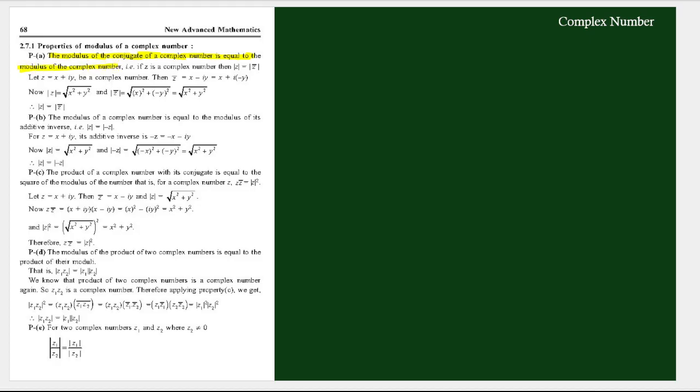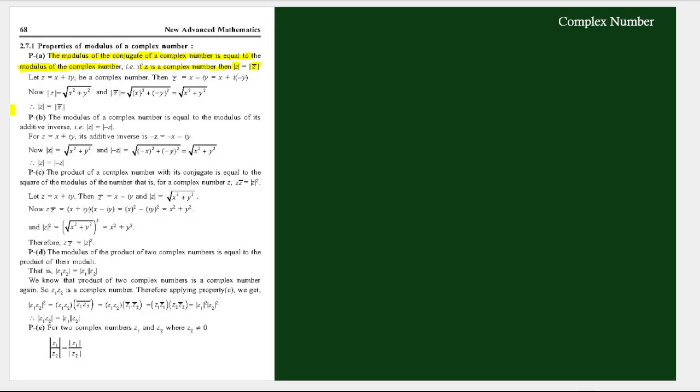So the modulus of the conjugate and the modulus of the complex number both are the same. So if z is a complex number, then modulus of z is equal to modulus of z conjugate. This is our first property.